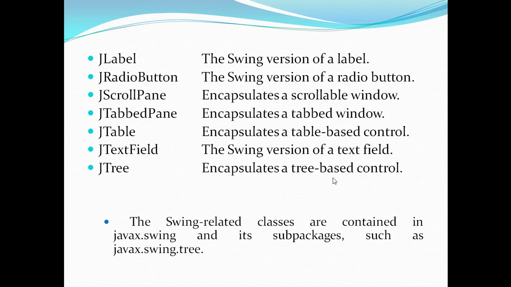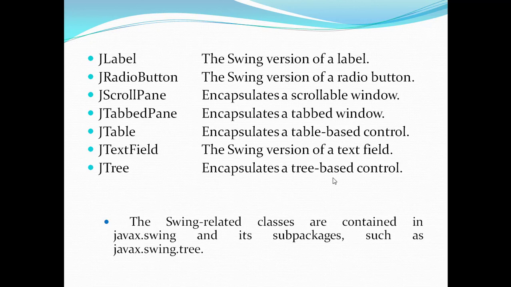JScrollPane encapsulates a scrollable window. JTabbedPane encapsulates a tabbed window. JTable encapsulates a table based control. JTextField, the swing version of text field. JTree encapsulates a tree based control. These are some of the swing components.